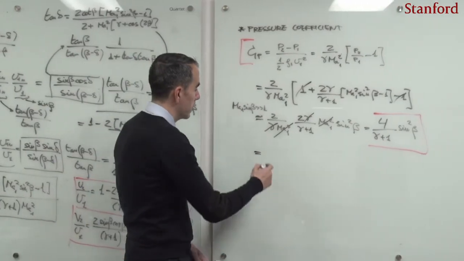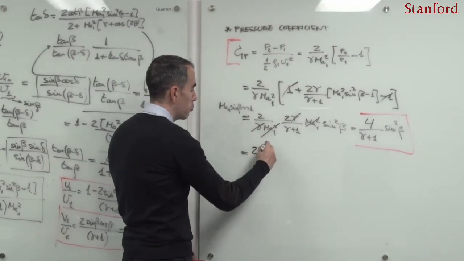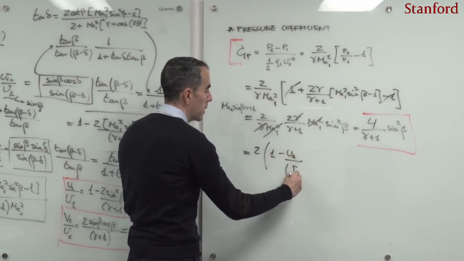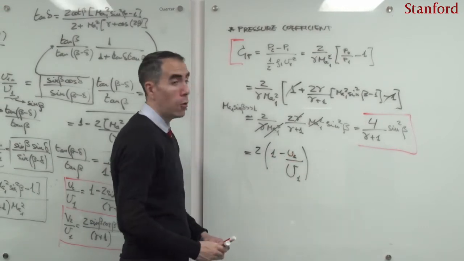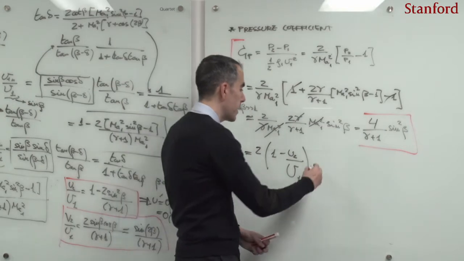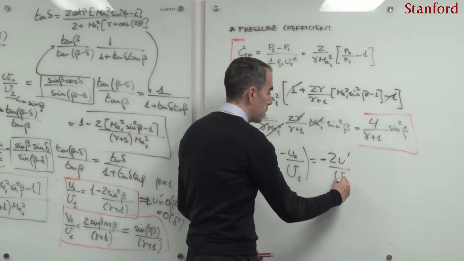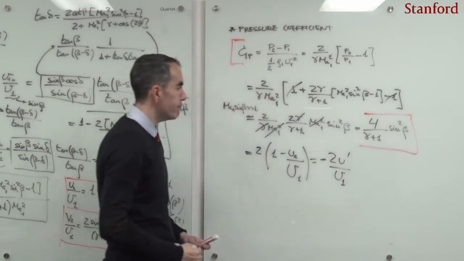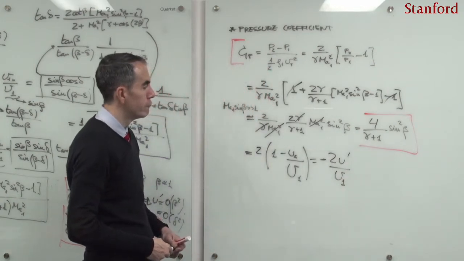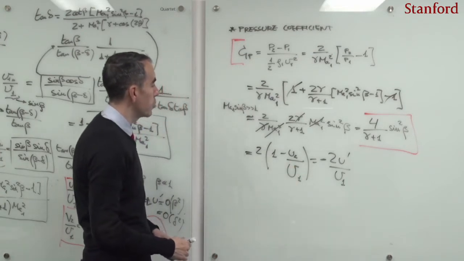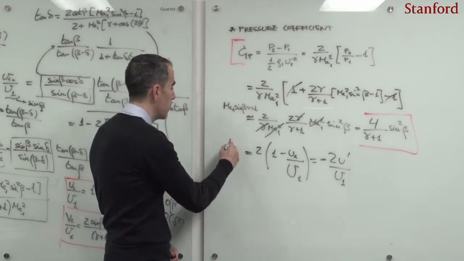In particular, this expression can be rewritten as twice 1 minus U2 divided by capital U1. Or one could also write it as minus 2 multiplied by U prime divided by capital U1. Well, so this expression here for the pressure coefficient is equivalent.